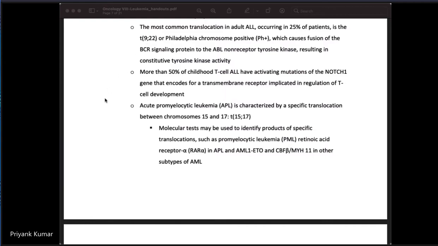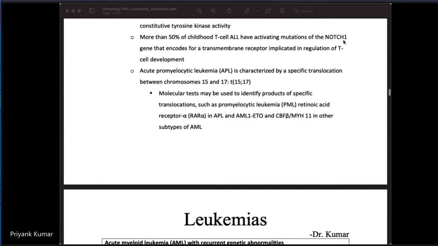Then we also see mutations in Notch1. So what is Notch1? Basically, Notch1 determines the fate of the cell, that is, what function a cell would perform. The function of the cell is determined by a protein called Notch1.